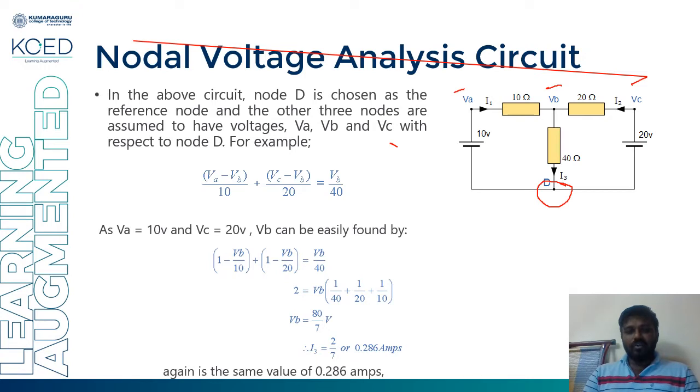Here VA is equal to 10 volts and VC is equal to 20 volts.